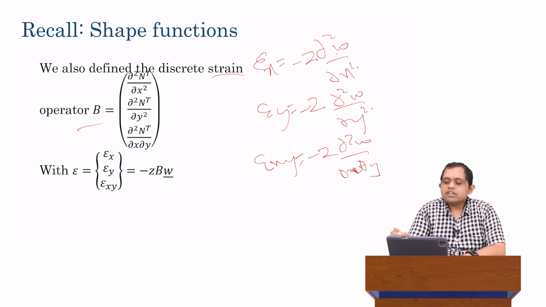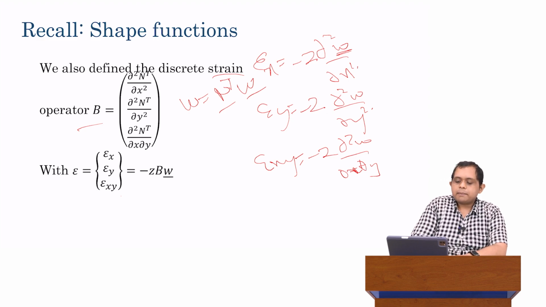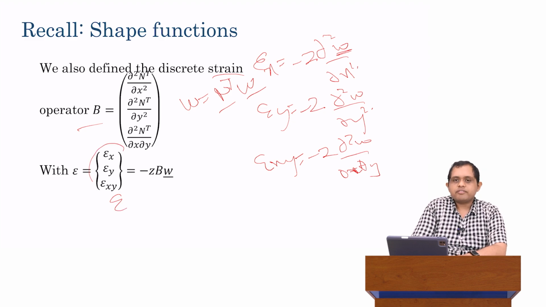And what we do is, in each case now we have w equal to N transpose w bar. So we have a discretized form of w. We can plug it into these three equations. And then we finally get epsilon, the vector, which consists of these three components.